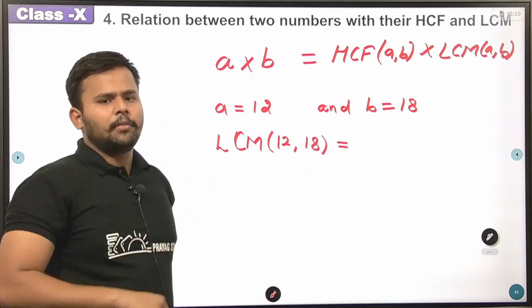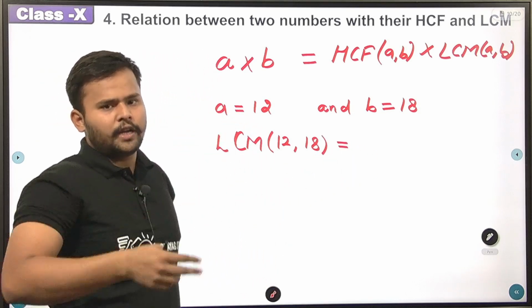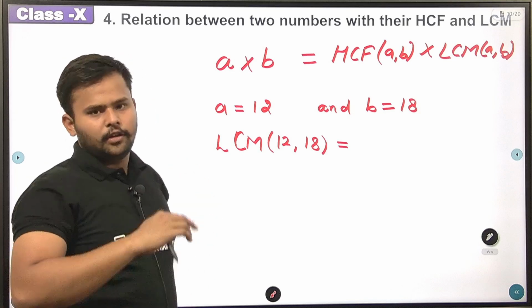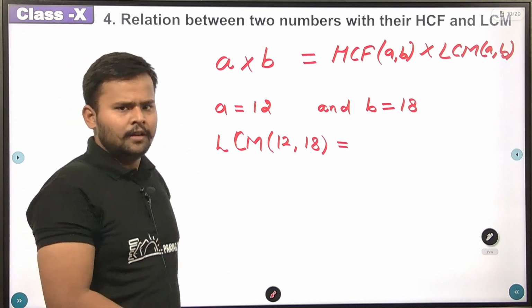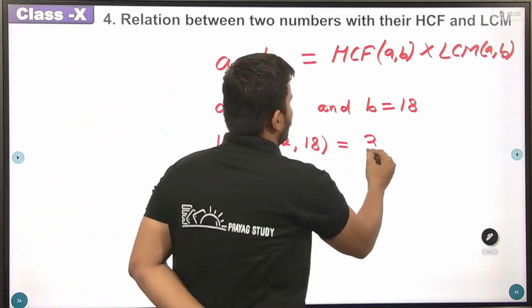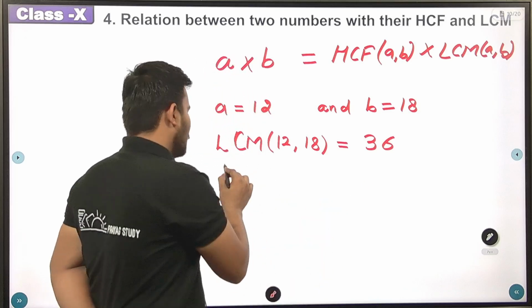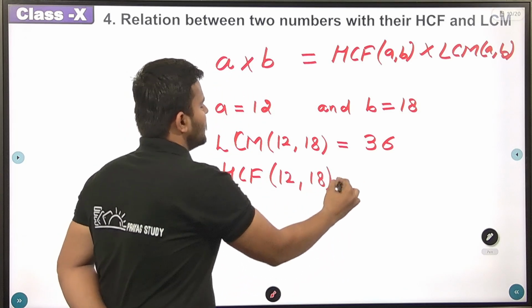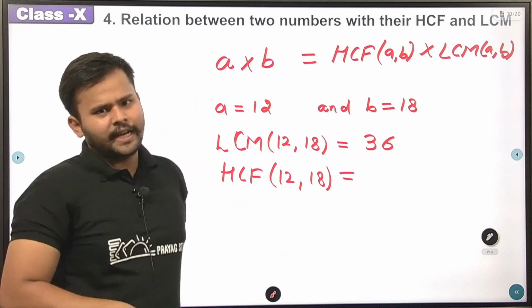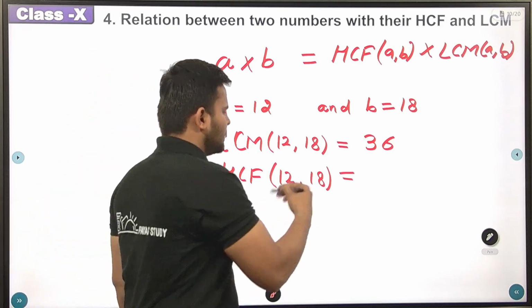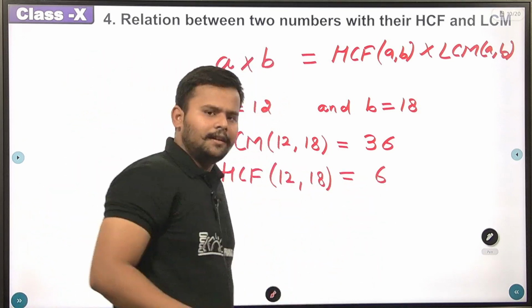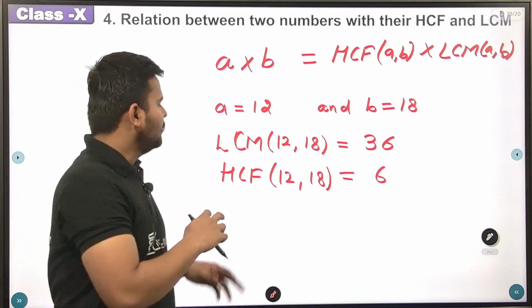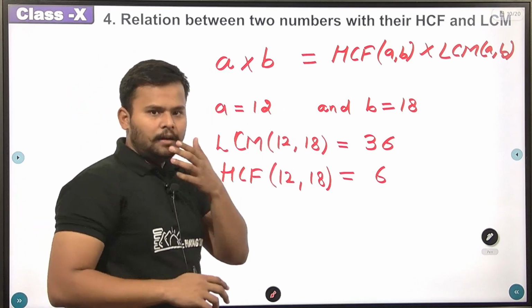If you read the table of 12: 12, 24, 36, 48, and in the table of 18, you will get 18, 36, and then 54. So 36 is the lowest common multiple for these two. Now what is the HCF of 12 and 18? Which is the highest number which can divide both 12 and 18? So it is 6, right? 6 2s are 12 and 6 3s are 18. So we have the LCM and HCF for 18 and 12.